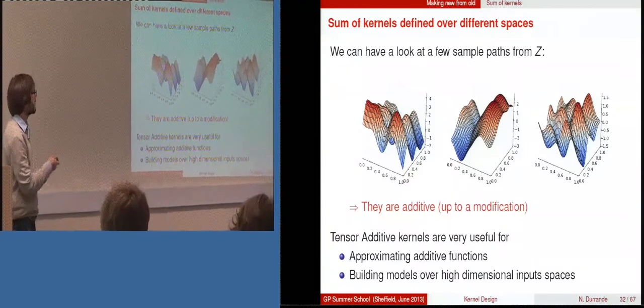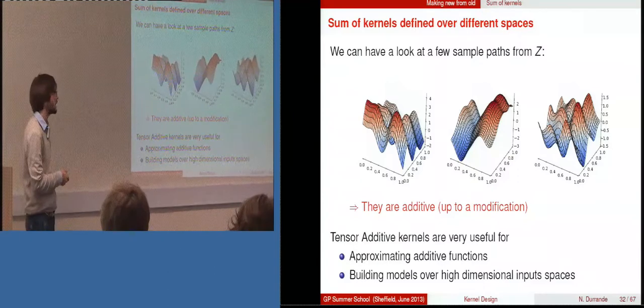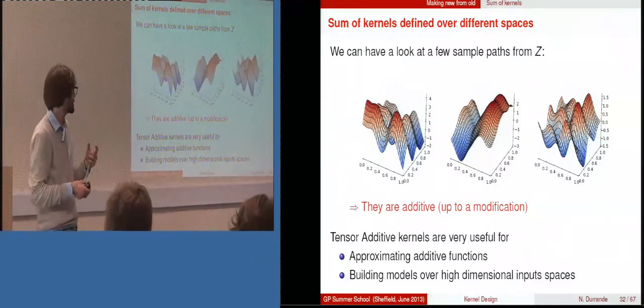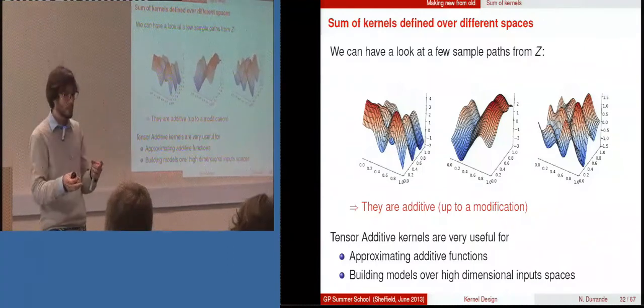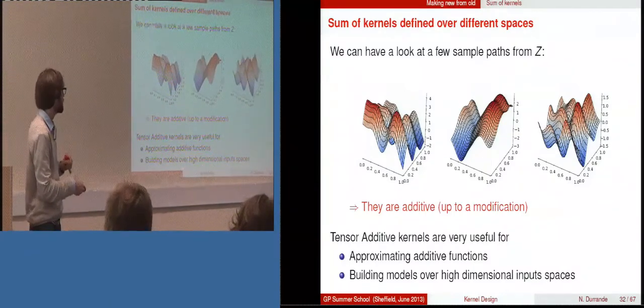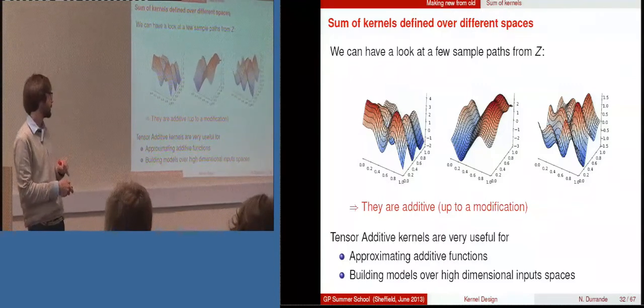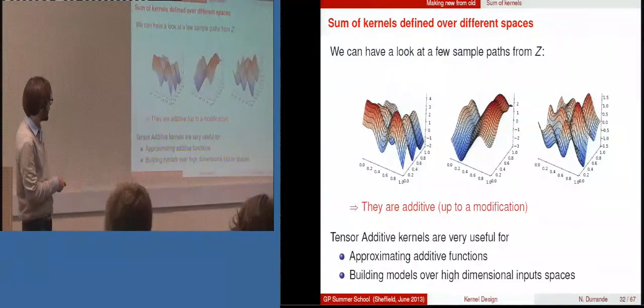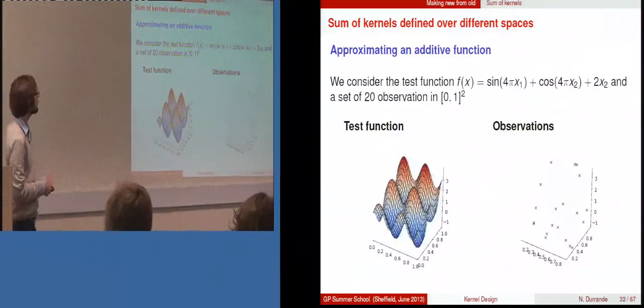This can be very useful for two reasons. The first is to approximate a function that is additive, because then you give a lot of information in your prior by specifying that your function is additive, which will greatly improve the model. The other is for building models over high-dimensional input spaces. I will discuss these two points with two examples.